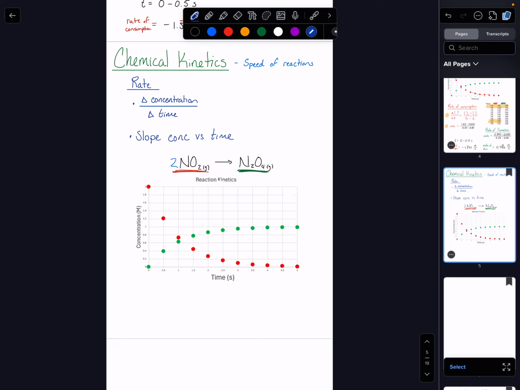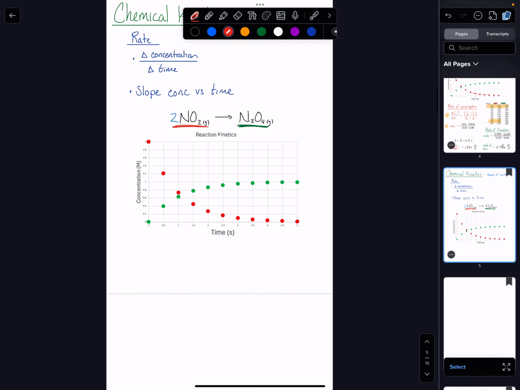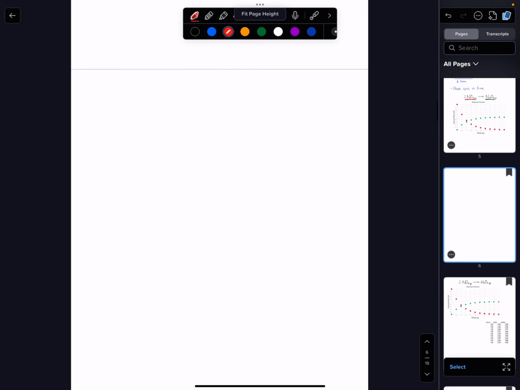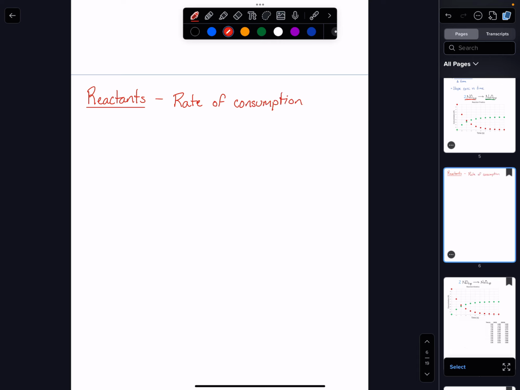All right, so we've got a few different rates that we're going to be concerned with. We did our reactants in red, so I'm going to keep that color scheme going here. For our reactants, if we want to know how that concentration changes over time, this is what we call the rate of consumption, because our reactants are consumed.